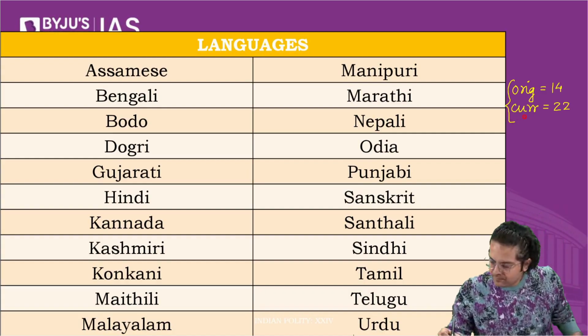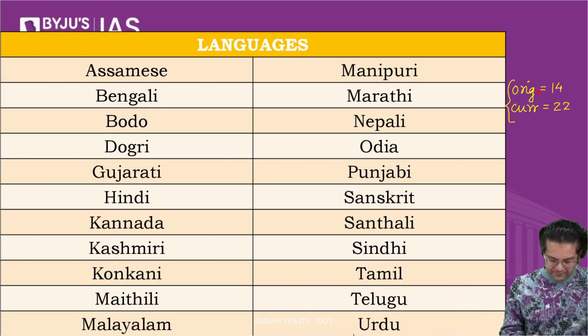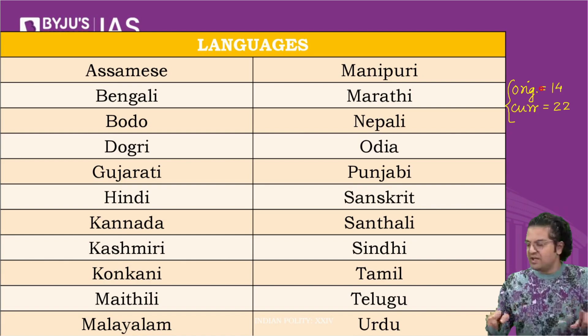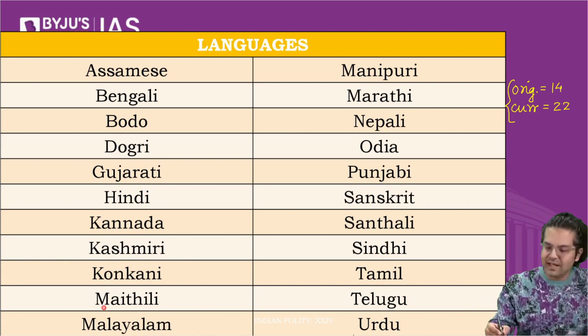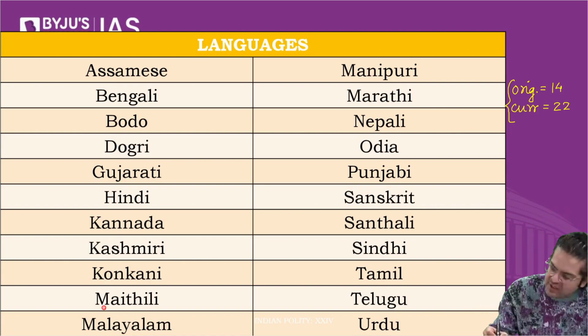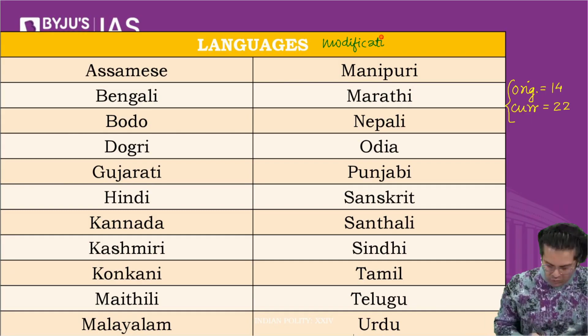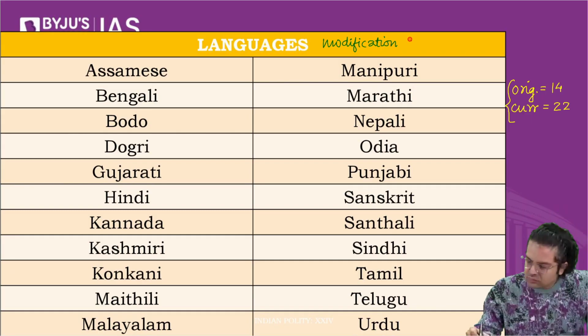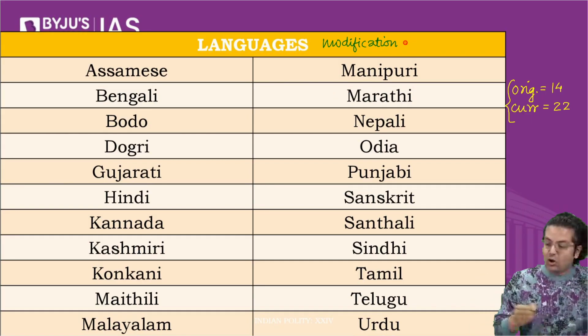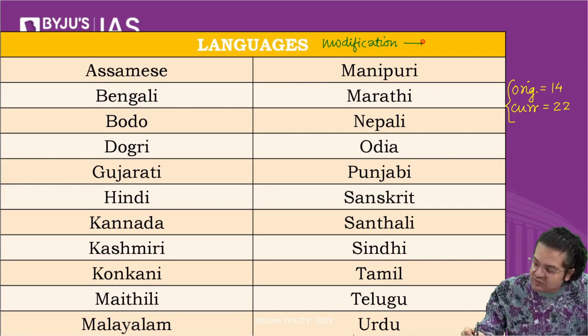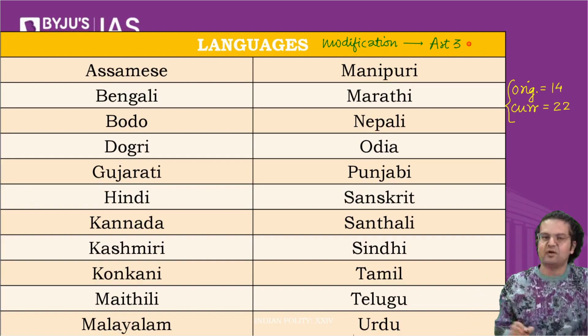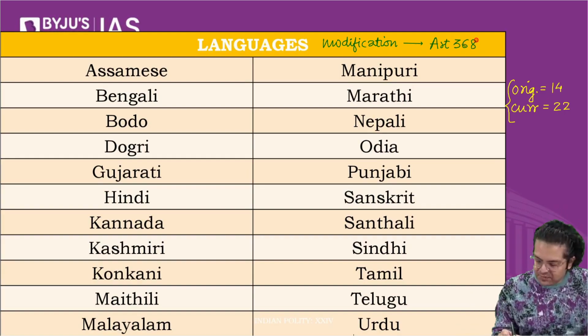One more thing. If you want to make a change in 8th schedule, any kind of modification, whether you want to add a language or remove a language or even change the spelling of a language, Article 368 is required. A very simple example.